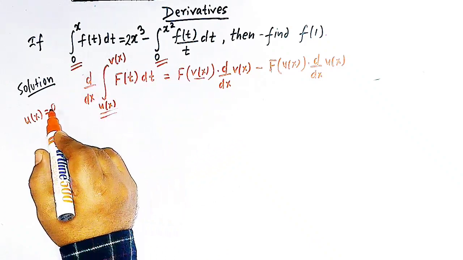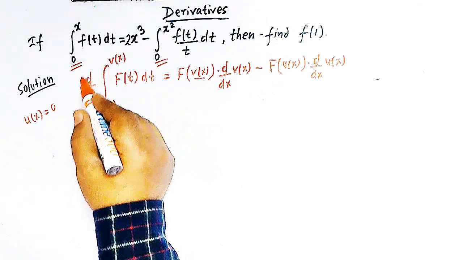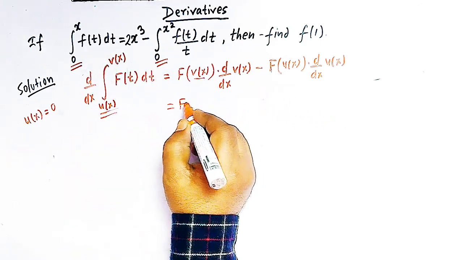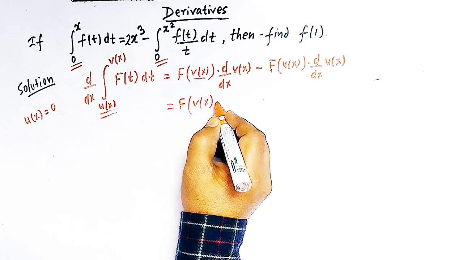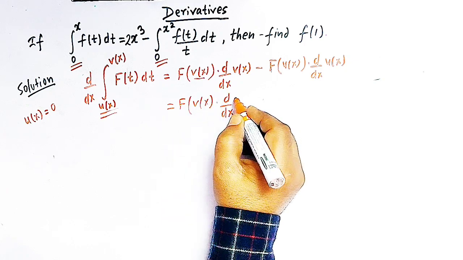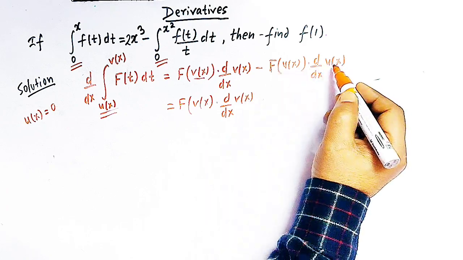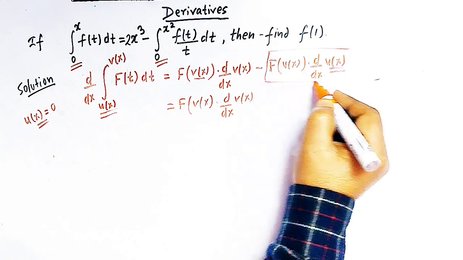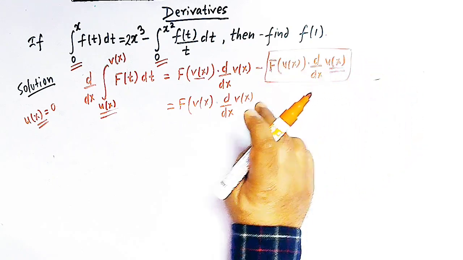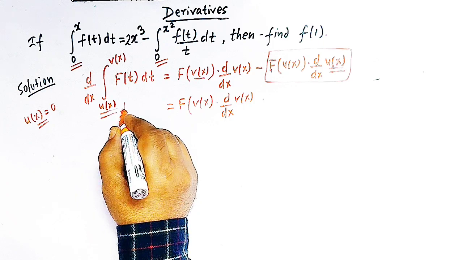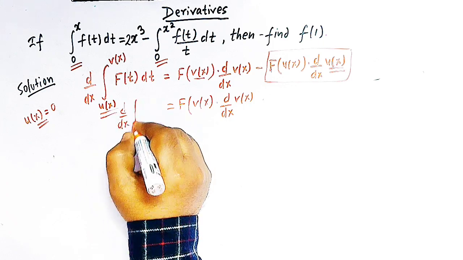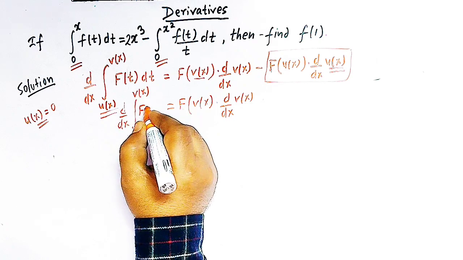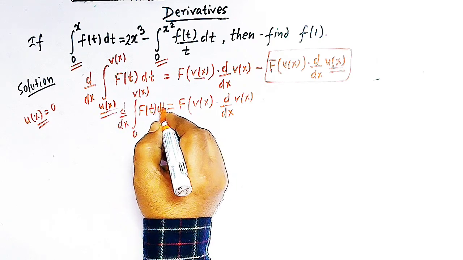So if u of x is equal to 0, then we can modify this statement by writing here f of v of x and d by dx of v of x, and here since u of x is equal to 0, this entire term reduces to 0. So here now we have d by dx of the integral from 0 to v of x, and here we have f of t dt, right?